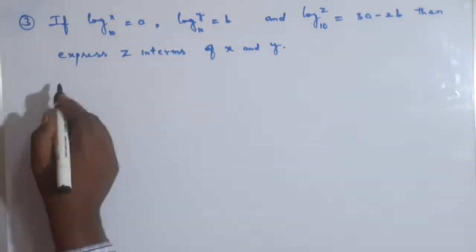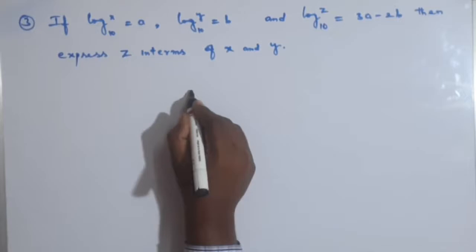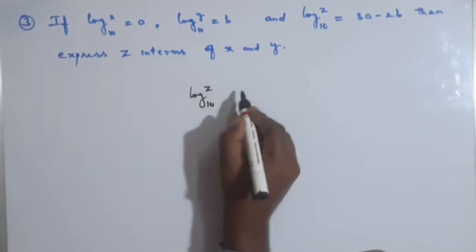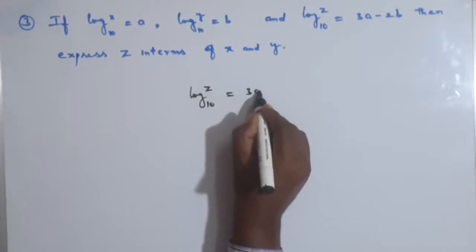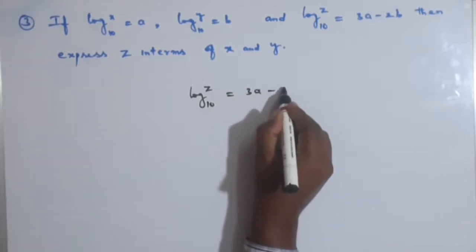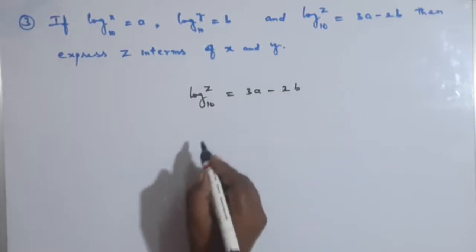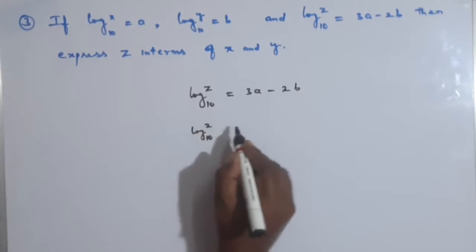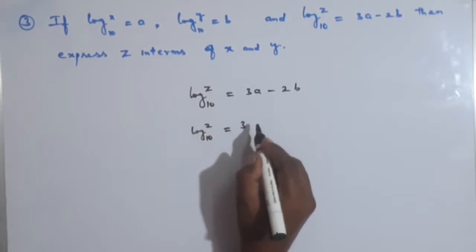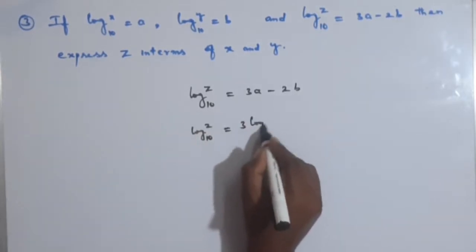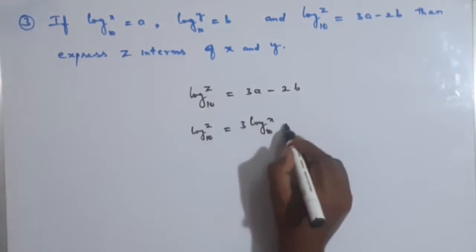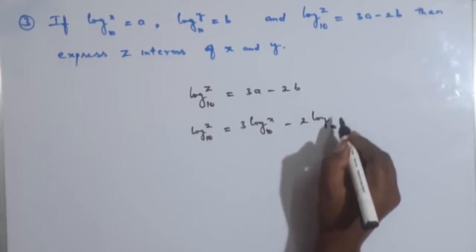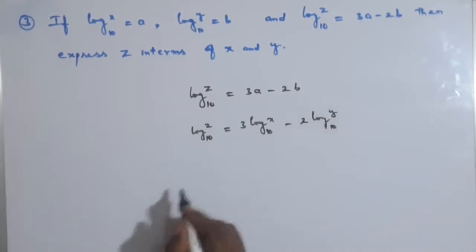So log base 10 to z equals 3a minus 2b, which is 3 of log base 10 to x minus 2 of log base 10 to y.